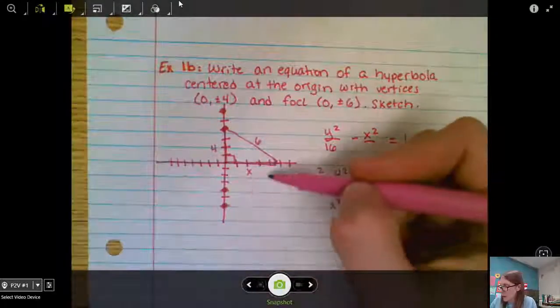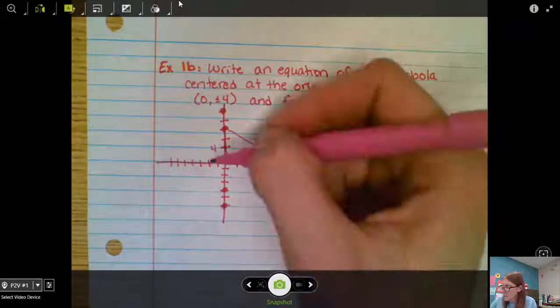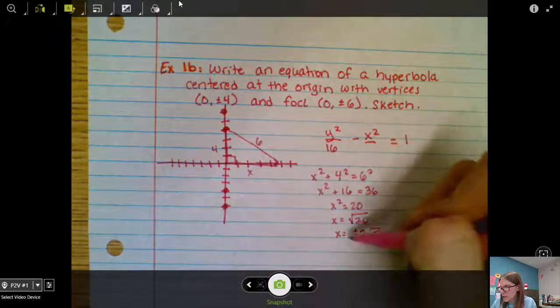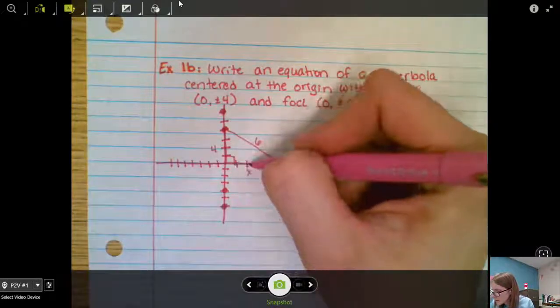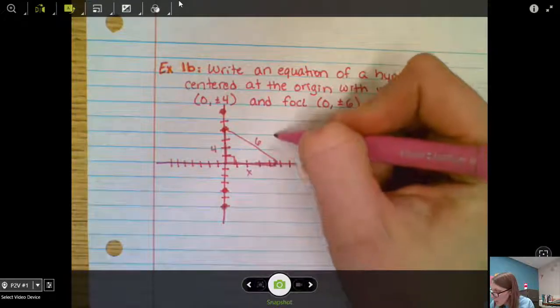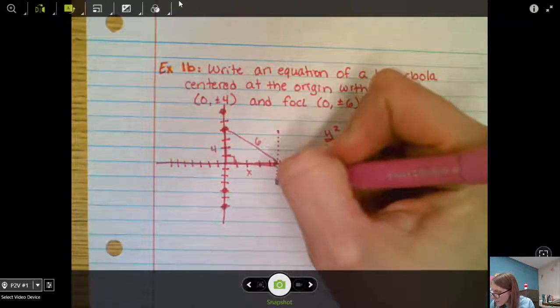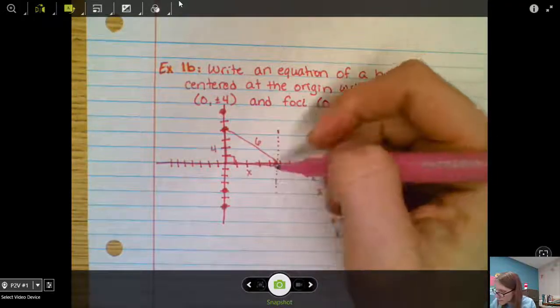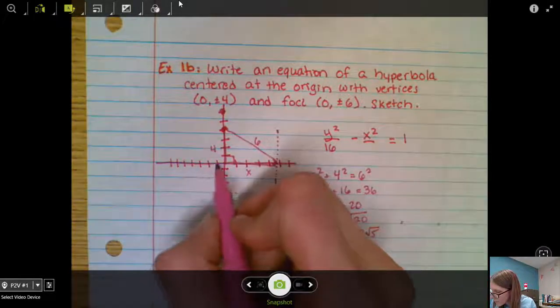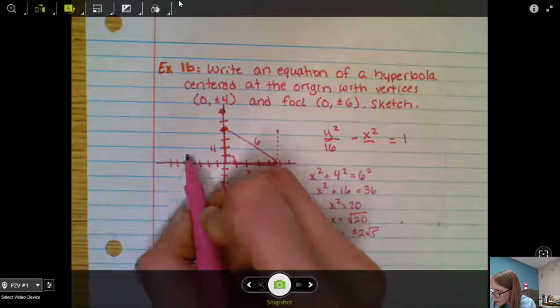Okay, so we go out to that 2 square root of 5, which is just over 4. It's actually pretty close to how I had this drawn in. Go out to 4, a little over.